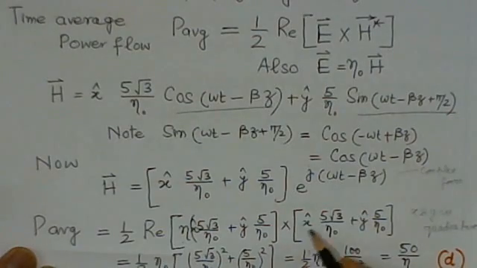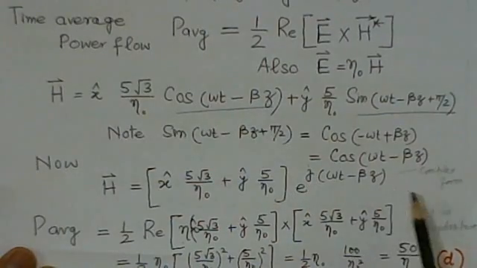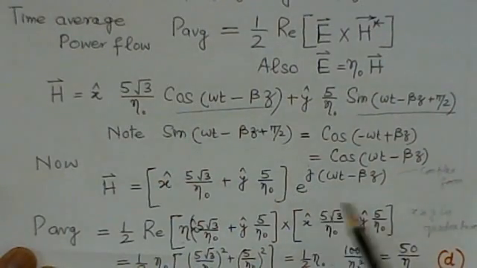When I take a complex cross multiplication here, one term having e to the power j omega t minus beta z and the other e to the power minus j omega t minus beta z, because of the E H complex conjugate, they cancel out. So we are left with only this part.